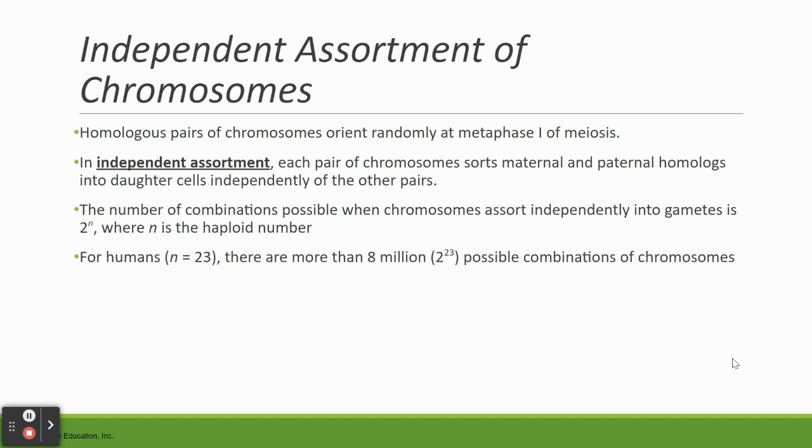Using this equation, 2 to the power of 23, there are more than 8 million possible combinations of chromosomes here, because independent assortment will assort these chromosomes independently of each other. They're not attached to each other, they're on their own. This is why we also look completely different from each other, which is a good thing, right? Genetic variability.